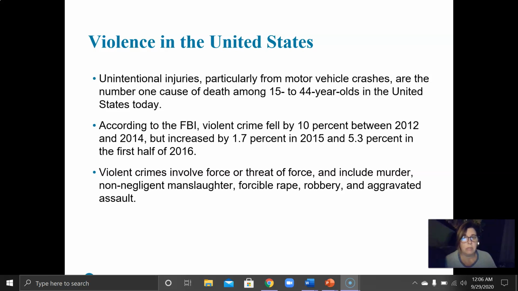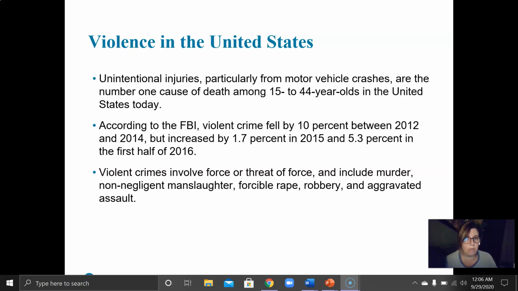the U.S. And according to the FBI, the violent crime rate fell by 10% between 2012 and 2014, but increased by 1.7% in 2015 and 5.3% in the first half of 2016.